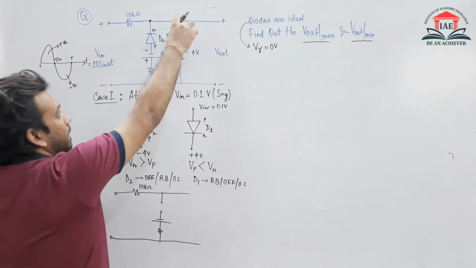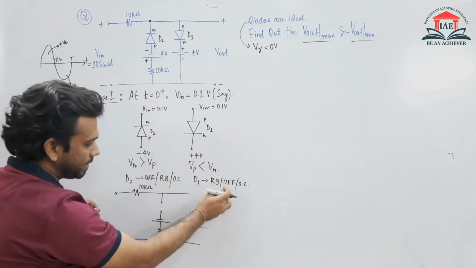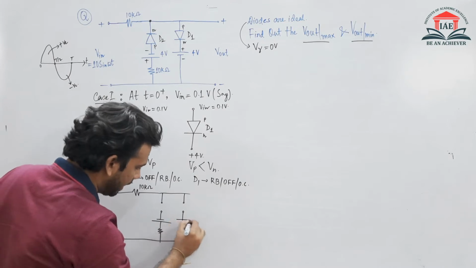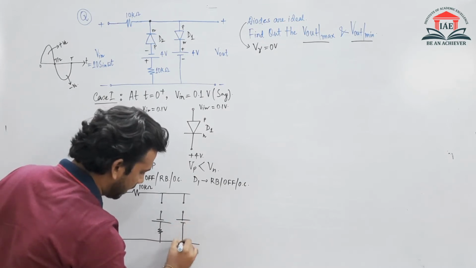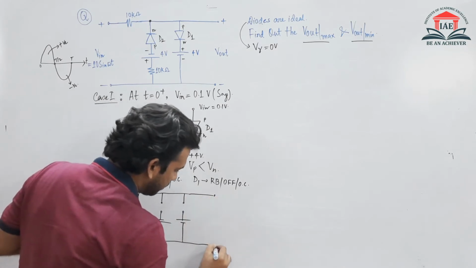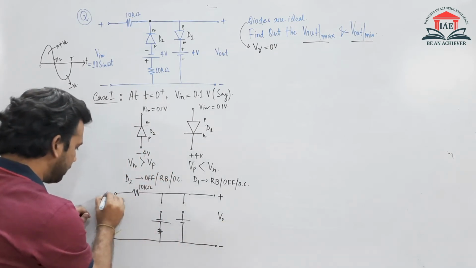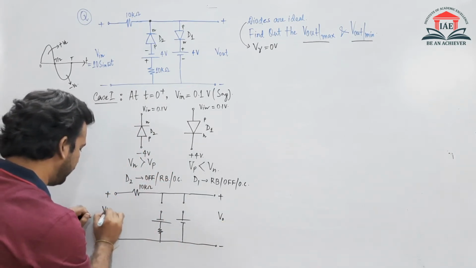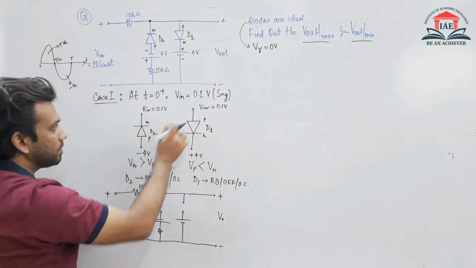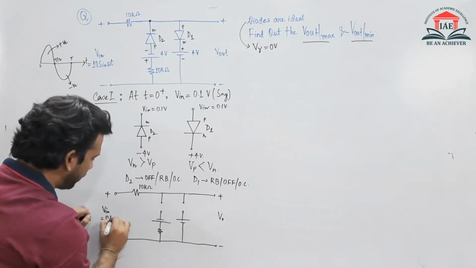Now another branch contains the D1 diode, which is reverse biased, so an open circuit, and here it is 4 volt and it is connected here. Now this is the output voltage V0, and this is the input voltage, and the time instant is t equals 0 plus, so the input voltage is 0.1, so I am drawing it for 0.1 volt.